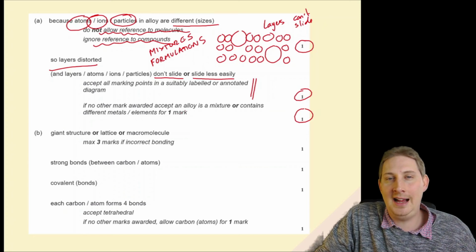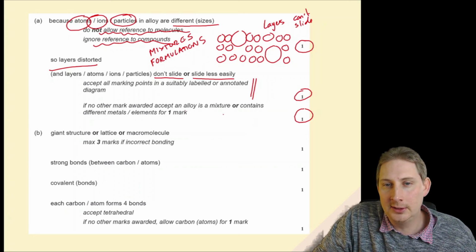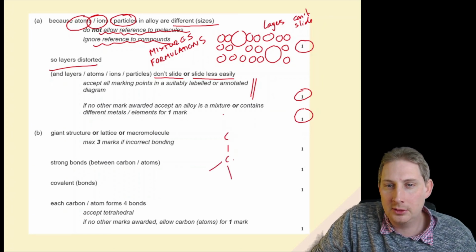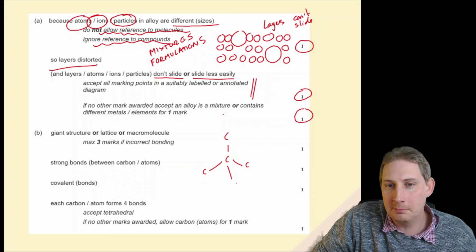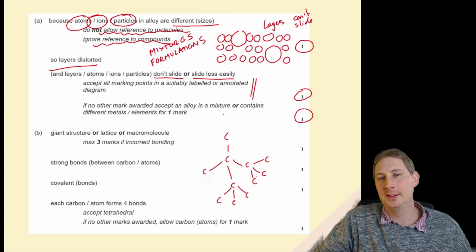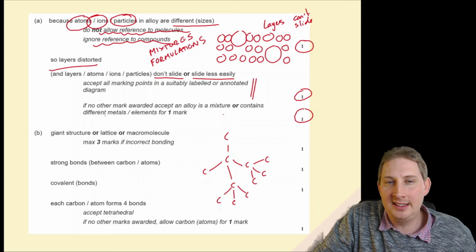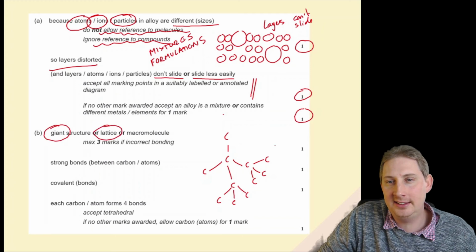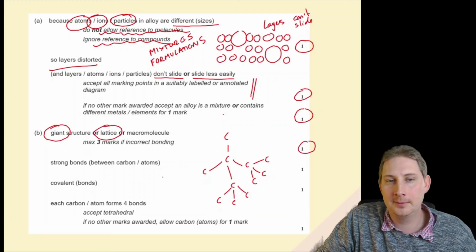Describe the structure and bonding in diamond. Well, whether or not you remembered that diamond is made of carbon tetrahedra, the idea that it is a giant structure or a giant lattice gets one mark.